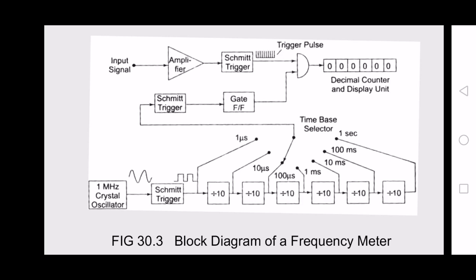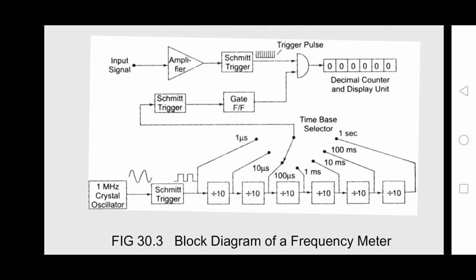Then your decimal counter and display unit, where all the zeros are shown, has an output that corresponds to the number of input pulses received during this precise time interval, that is between enabling and removing the enabling of the gating flip flop.